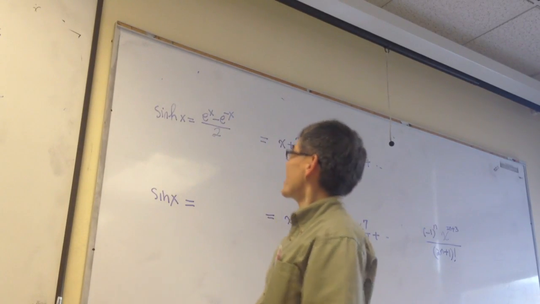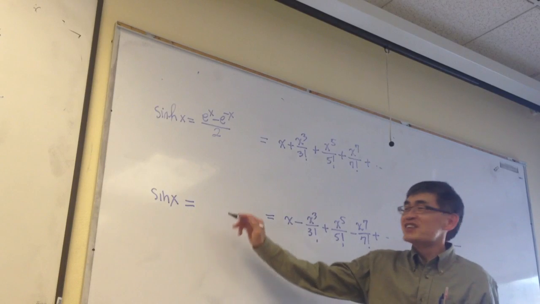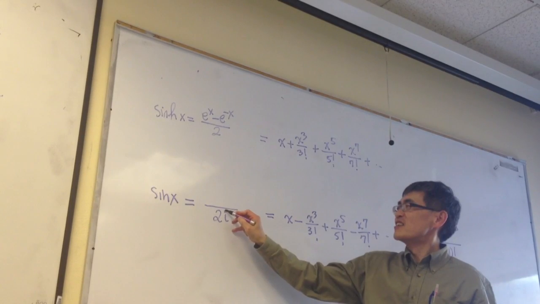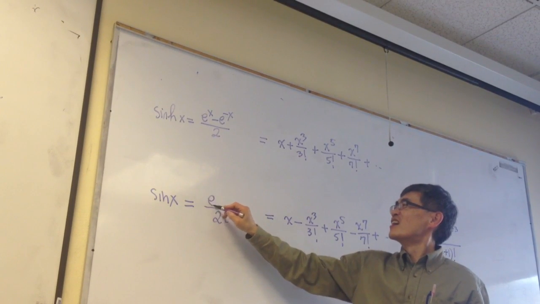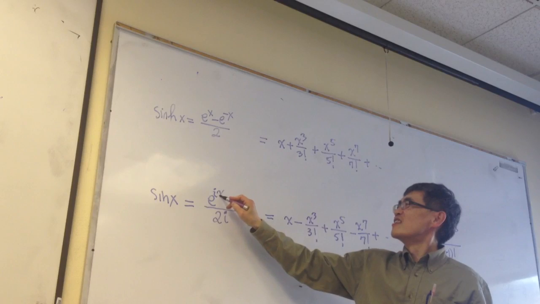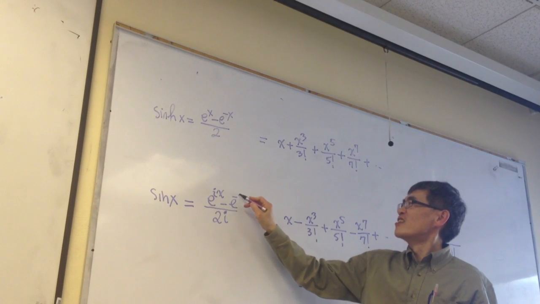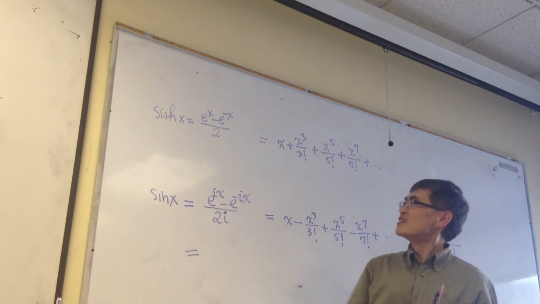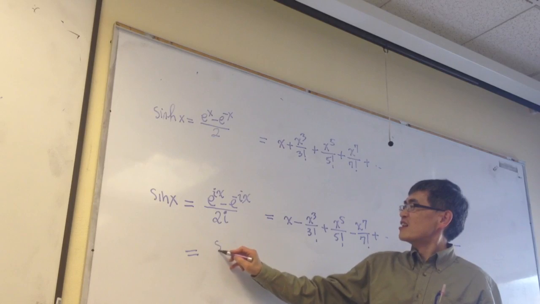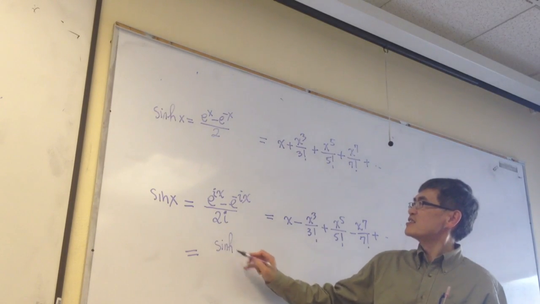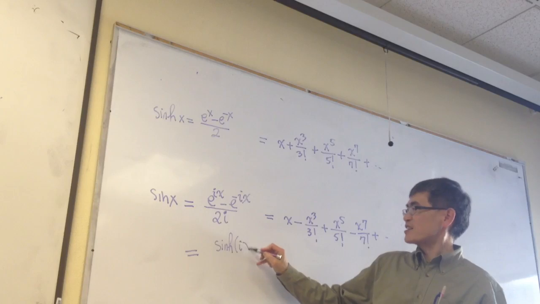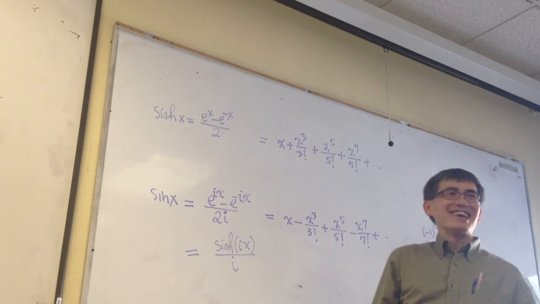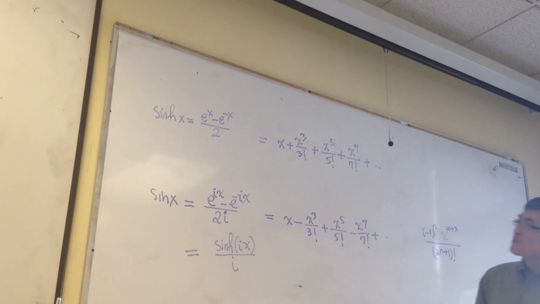Okay? Now guess what? This one is this. Which means that this one is hyperbolic sine of Ix divided by I. Look at this.